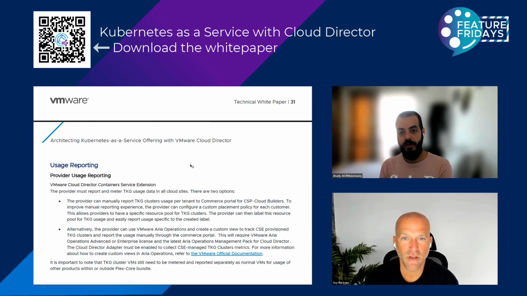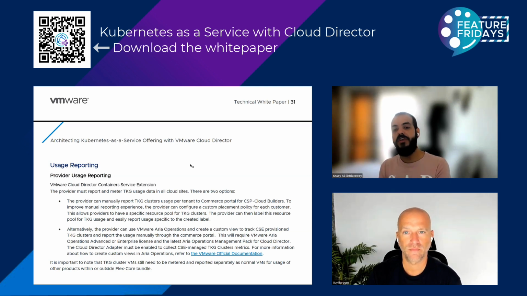Yeah. Also, regarding the AI ML workloads, it's nice to know that CSE and VCD support deploying TKG clusters that have GPU profiles. So our TKG clusters deployed by CSE can benefit from the GPU power that you have in your infrastructure to offer Kubernetes infrastructure to AI ML workloads, right?